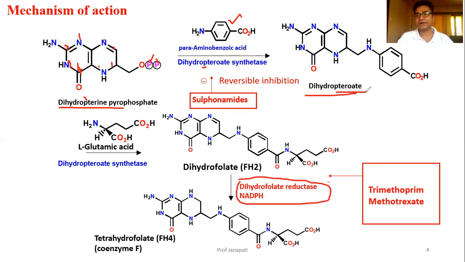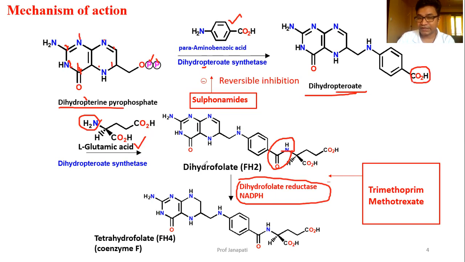Now this dihydropteroate will combine with glutamic acid. There is a carboxylic group in PABA and an amine group in glutamic acid. Because of this, a peptide bond is formed. What is the enzyme necessary here? Dihydrofolate synthase.